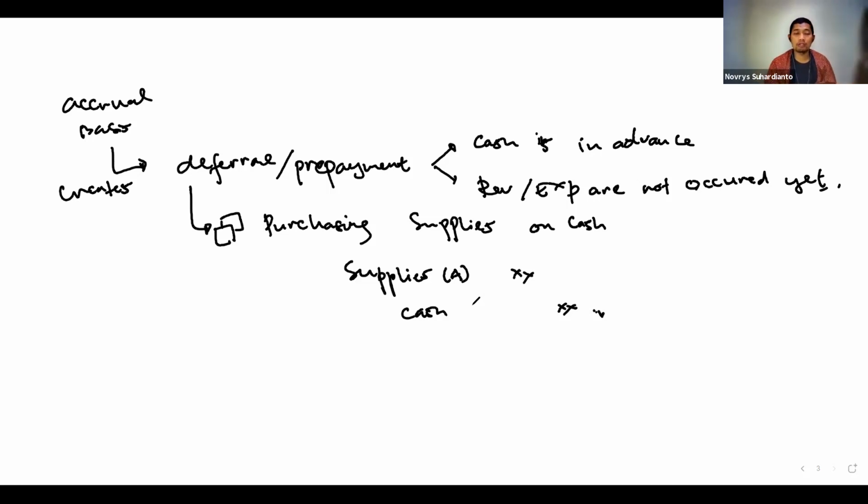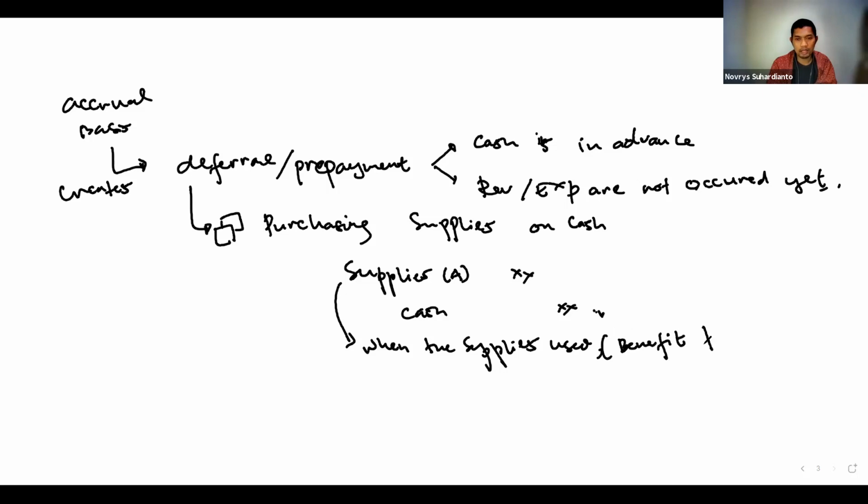However, at the end of the period, when the supplies are used, which means the benefit of the supplies decreases or is consumed, then you have to record an expense.